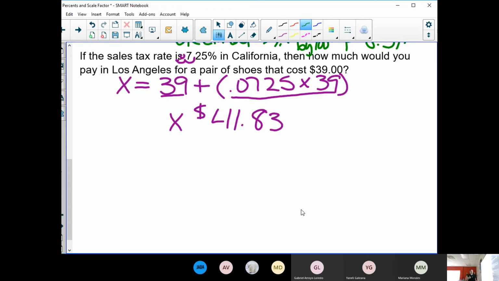So I'm going to pull out things, Yariel, that I know. Okay. We know there is a 7.25% tax. We know the shoes cost $39.